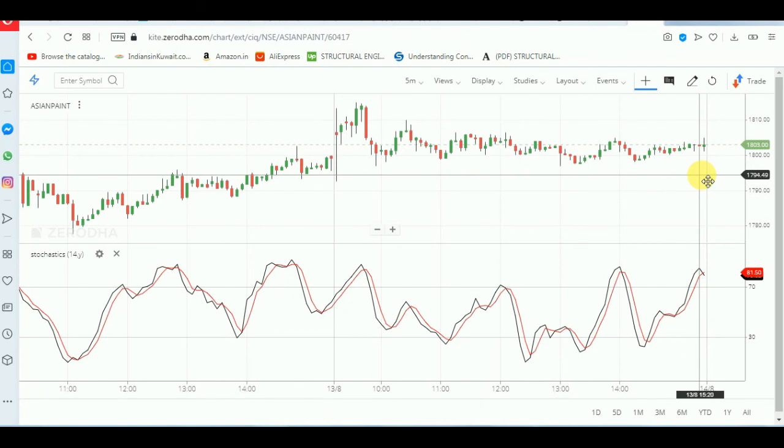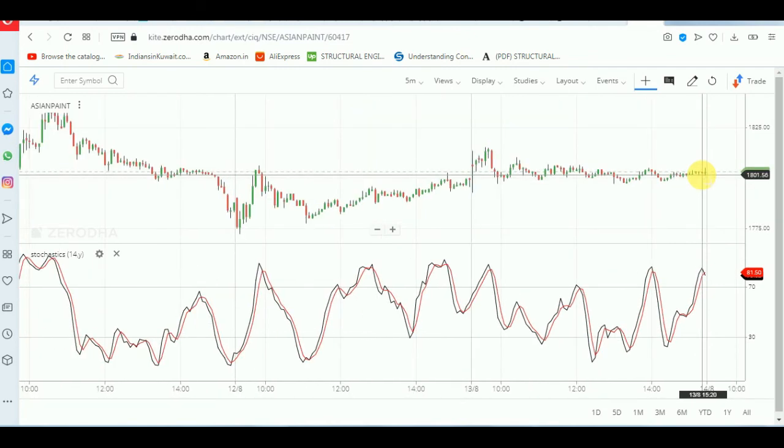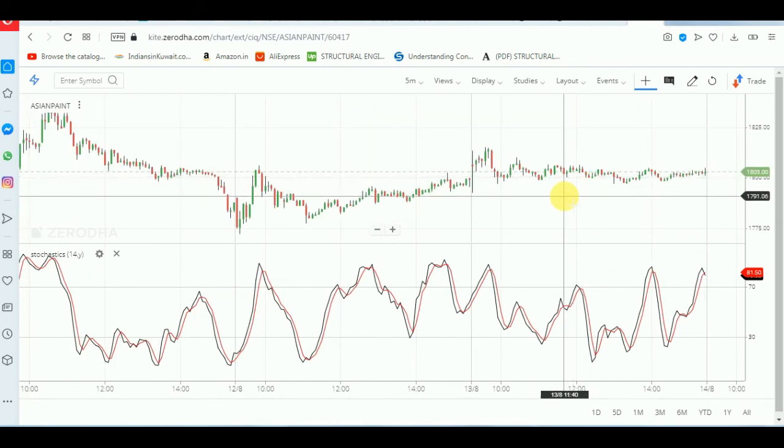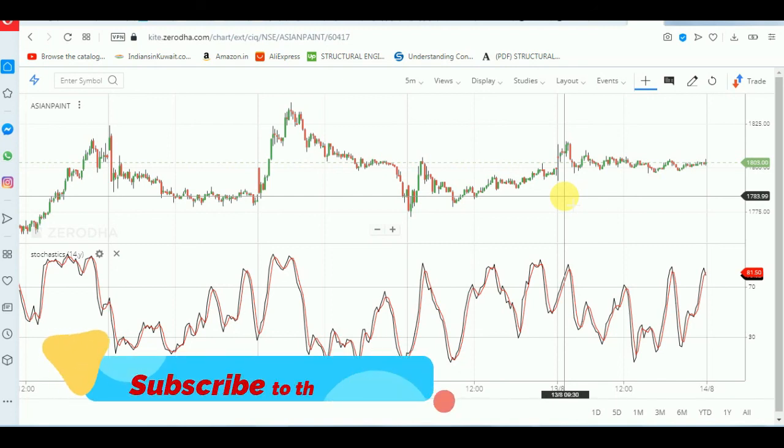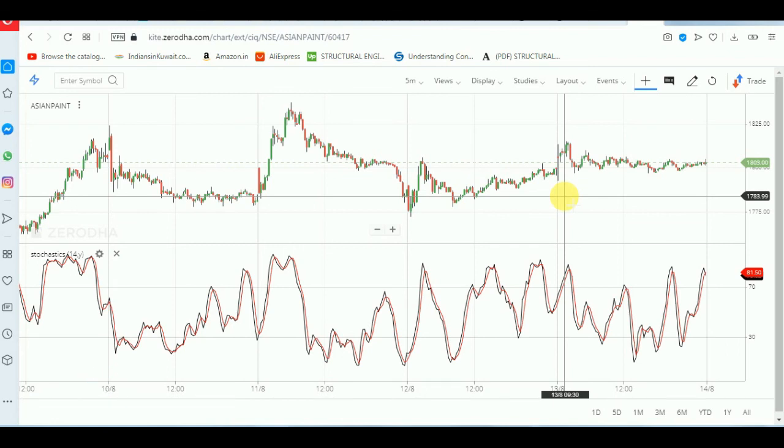So this stochastic will not work very well in a flat market, especially even in volatility. If the market is so volatile, at that time also this may create some false indication. So it is better to have a combination of indicators, as I said in the earlier parts also.